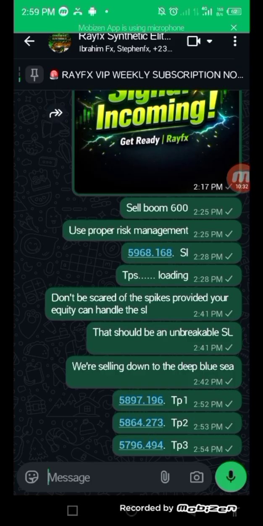Okay, I just dropped TP1, TP2, and TP3 in my signal group for free. Here we have the SL, TP1, TP2, and TP3 dropped in my signal group.